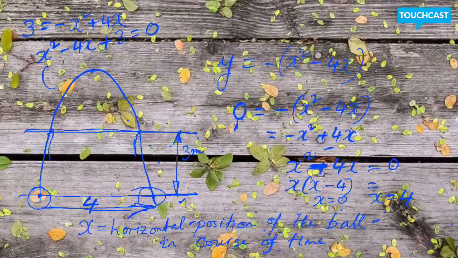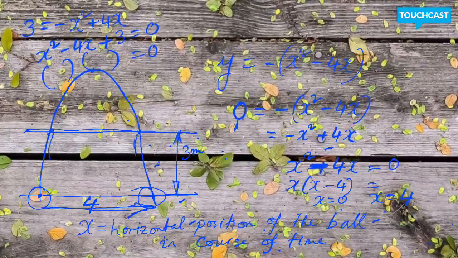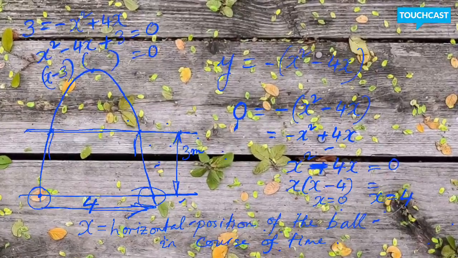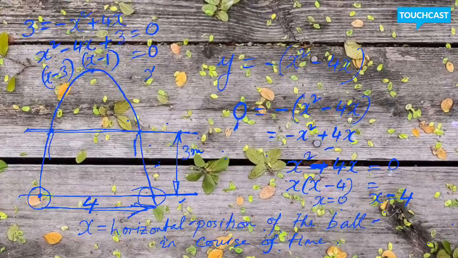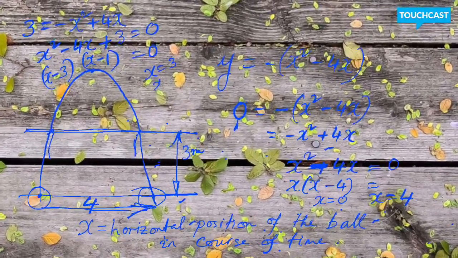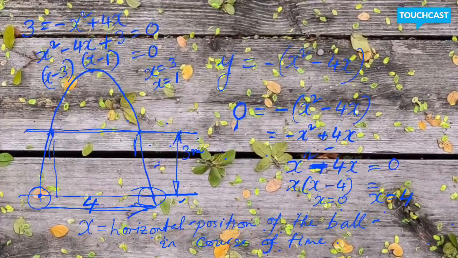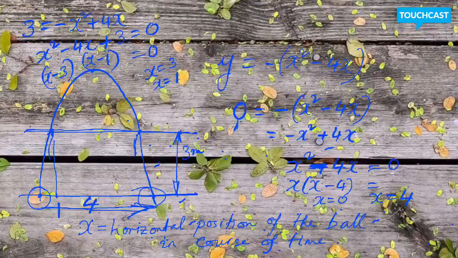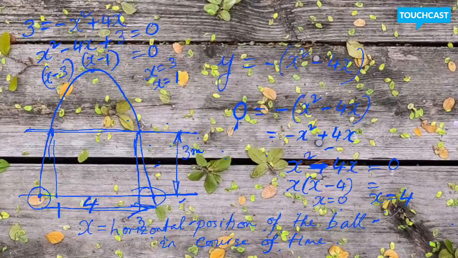And then factorizing and solving. So x equals 3, x equals 1. This is supposed to be at a distance of 1 meter, and this at a distance of 3 meters.